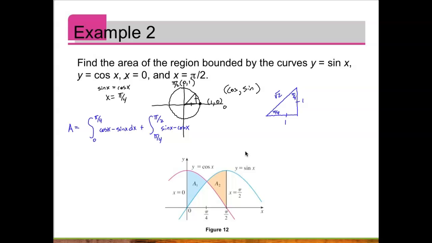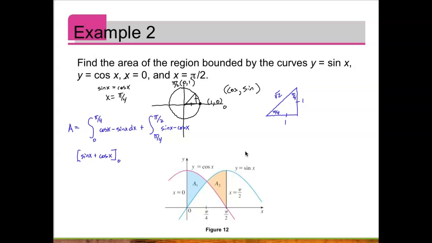All right, so now that we have that to reference, let's go ahead and deal with this antiderivative. Antiderivative of cosine is, so for this first one, I'm going to have sine x. Antiderivative of sine is, so it's already negative, so it's going to end up being plus cosine, right?